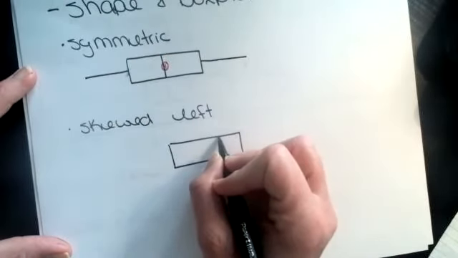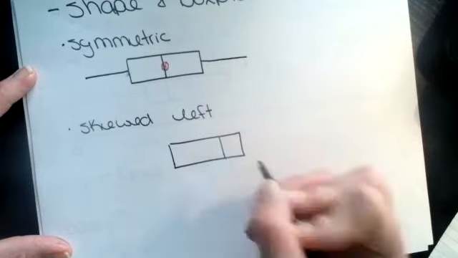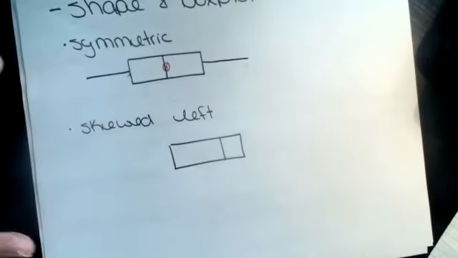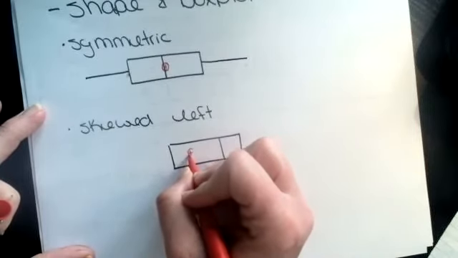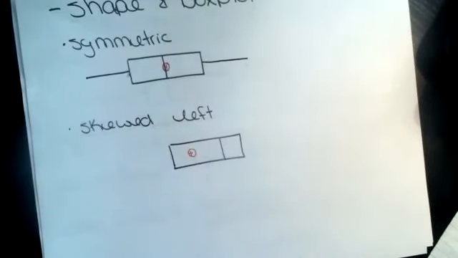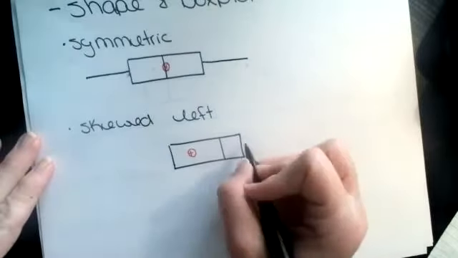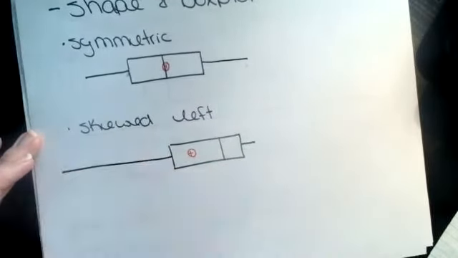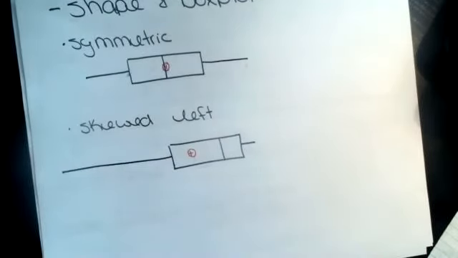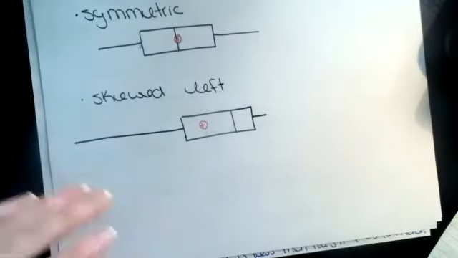So my median, and I'm going to be dramatic, is over here towards the right of my box. And then the mean is pulled down to the left. Probably not that much, but I just like to be dramatic with it. And my whisker on the right is a lot smaller than my whisker on the left. Again, I'm being dramatic with it. So I want you to get the point of where everything is kind of located to one another.